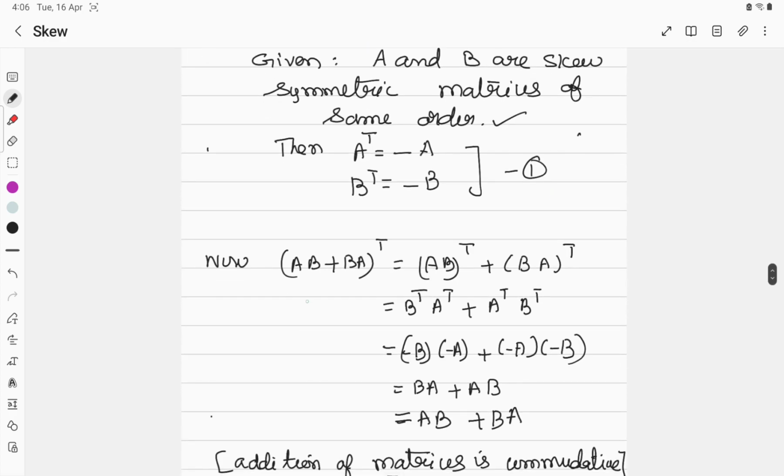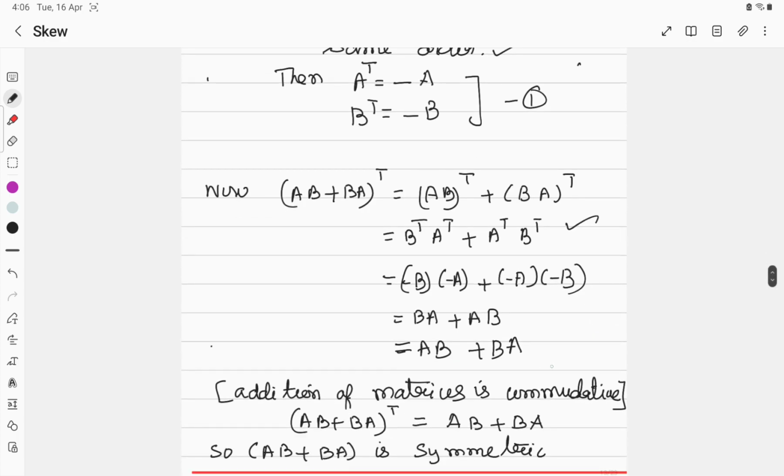Let us take (AB plus BA) transpose. So it becomes (AB) transpose plus (BA) transpose, then B transpose A transpose plus A transpose B transpose. If we substitute the values of B transpose and A transpose, minus B minus A plus minus A minus B, now it becomes BA plus AB. Therefore, AB plus BA.